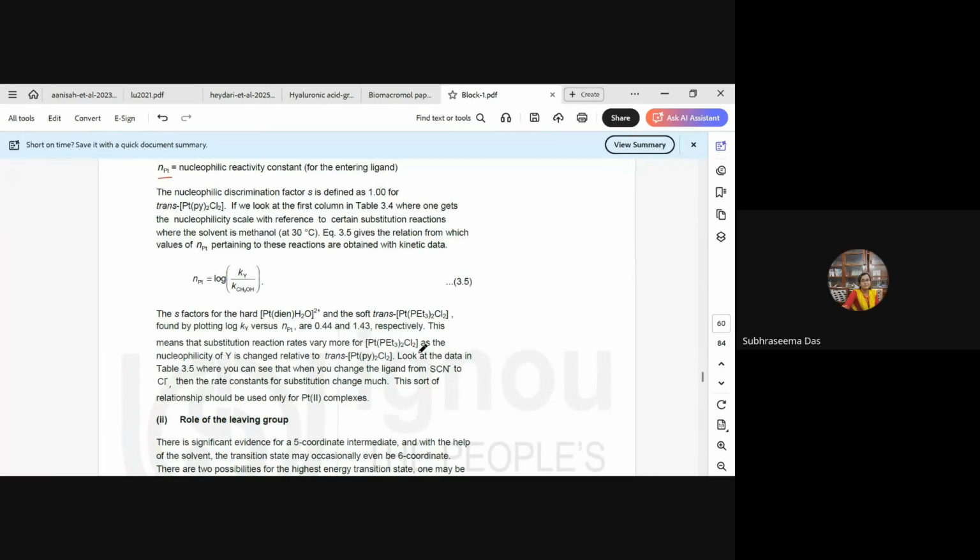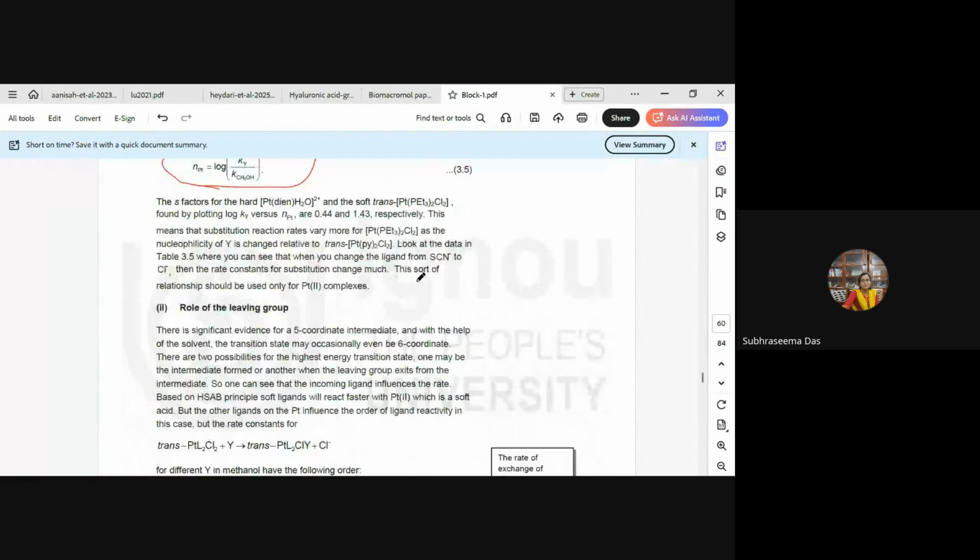The nucleophilic discrimination factor, the sensitivity s, is defined as 1 for the trans platinum dipyridine dichloro complex. So equation 3.5 gives the relation from which the values of n Pt can be obtained with the kinetic data.